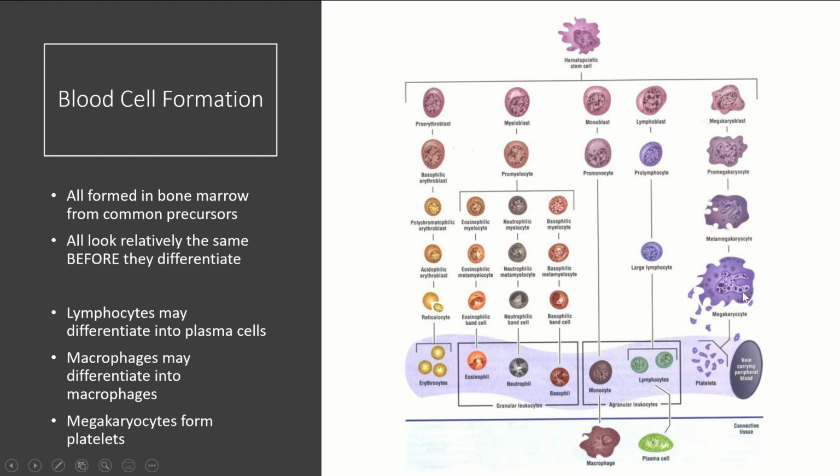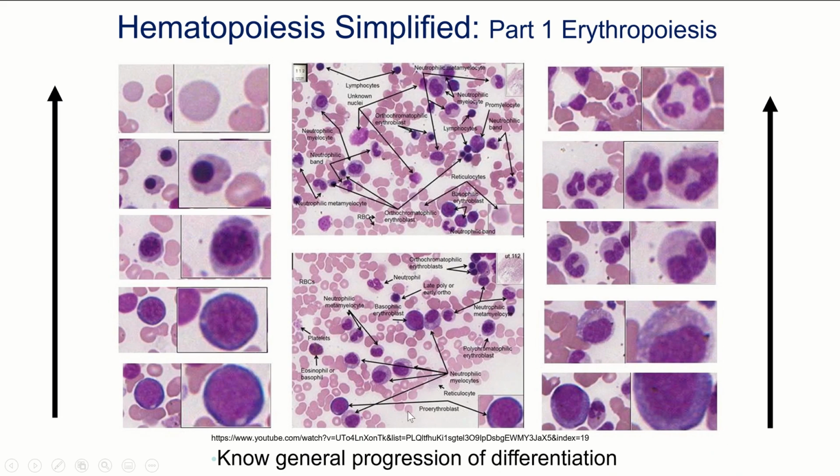And another thing I need you to know is that platelets come from megakaryocytes. We'll look at how that works in just a second, but basically they're breaking off little chunks of themselves, and that makes a little platelet chunk. So just know the general progression of differentiation from these.